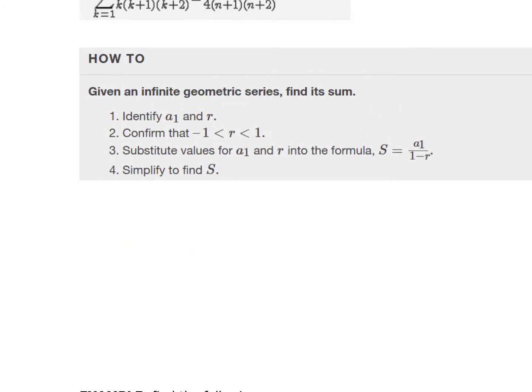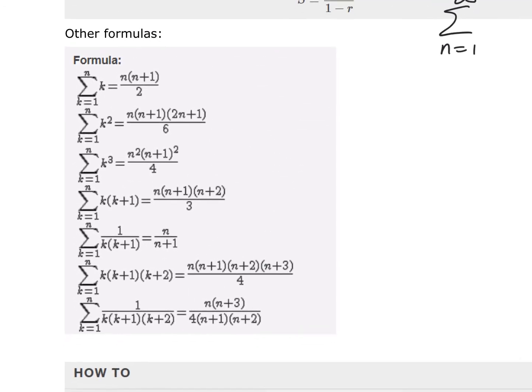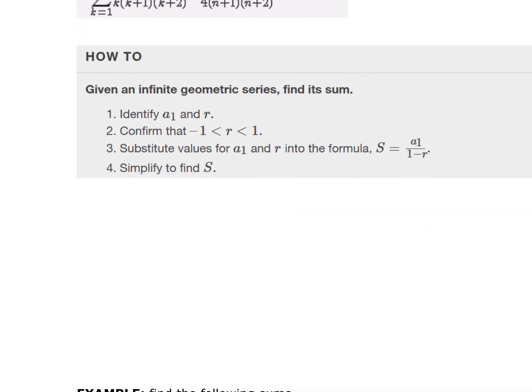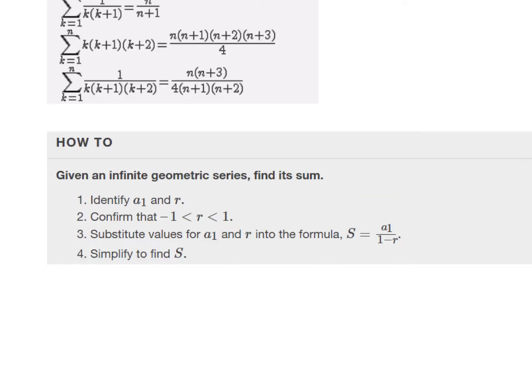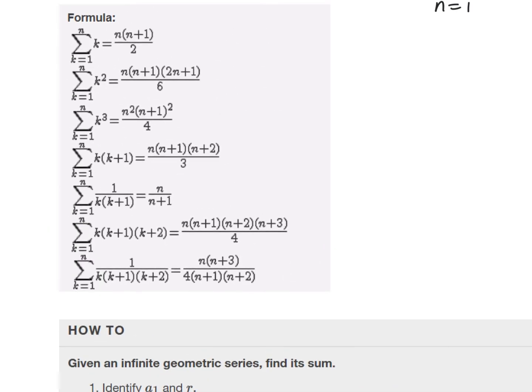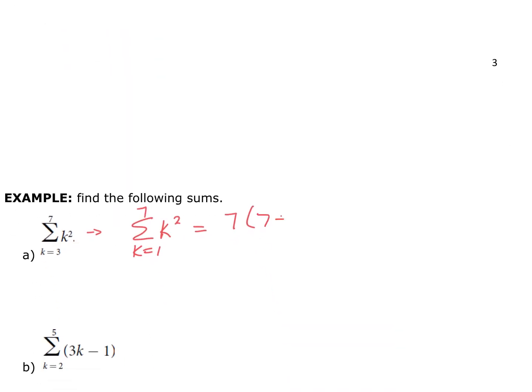And that formula we know up here is going to be n times n plus 1, and then 2n plus 1, all over 6.